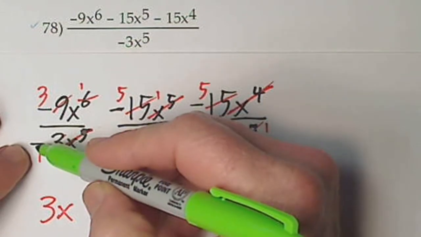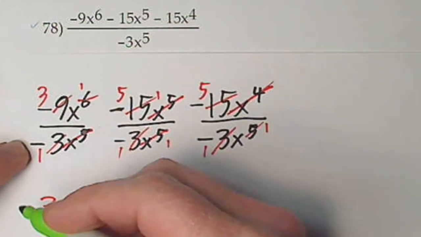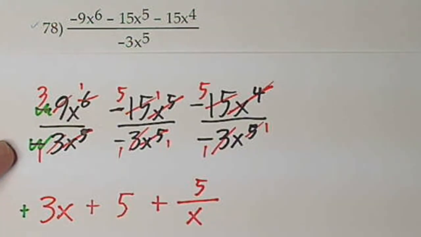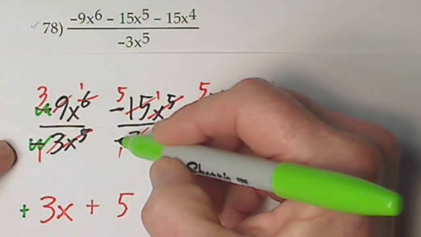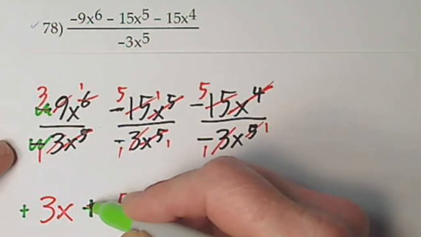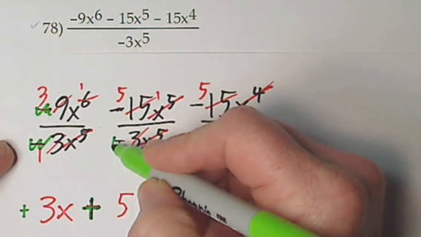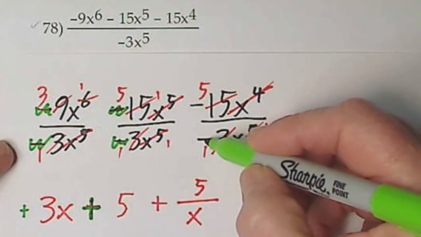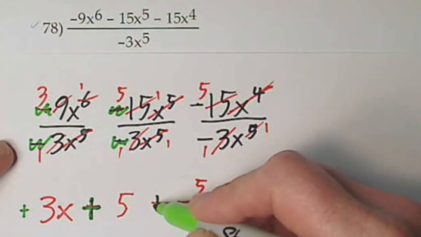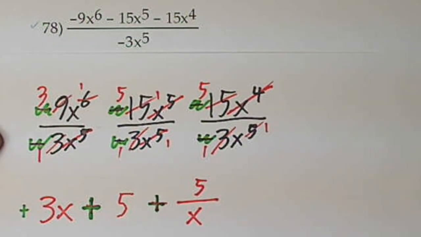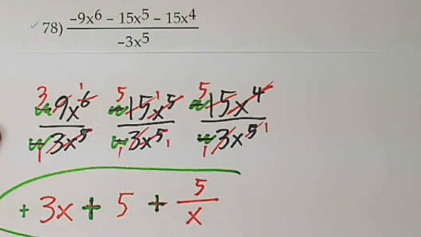Back here I said negative divided by a negative is positive, so those signs are gone. I used them up. Here I said negative divided by a negative is a positive, so I used them. They're gone. And again here, negative divided by a negative is positive, so they're all gone. And this is our answer.